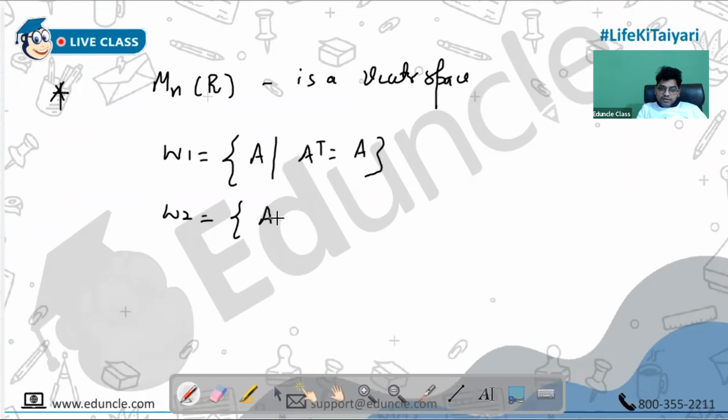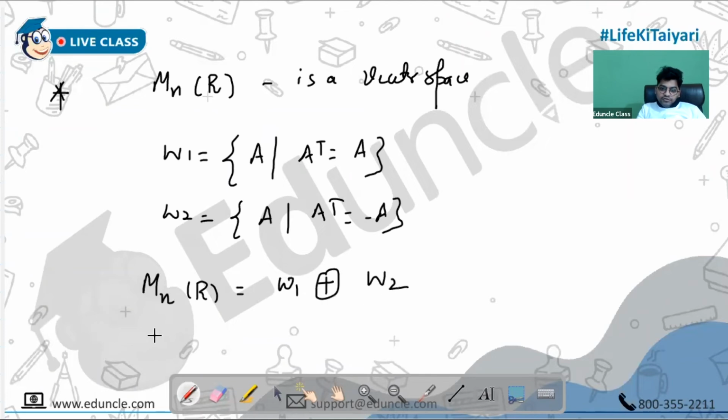W2 is all those matrices from M_n(R) with A transpose equal to minus A, the skew symmetric square matrices. So any matrix in M_n(R) can be written as W1 direct sum W2. Yes or no? Because if a matrix is symmetric, it cannot be skew symmetric. Only 0 is the matrix which is symmetric as well as skew symmetric.